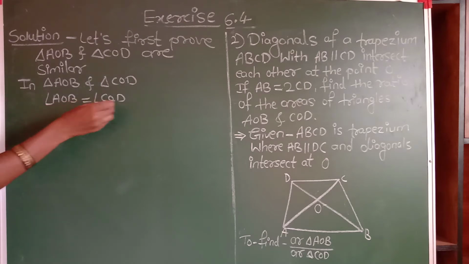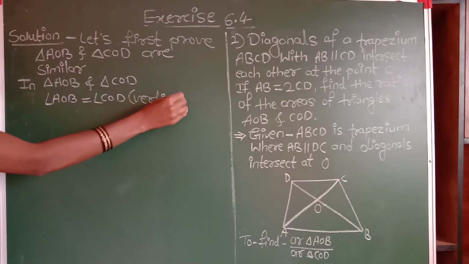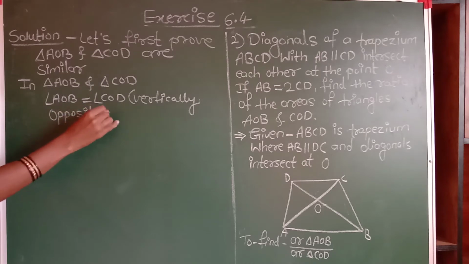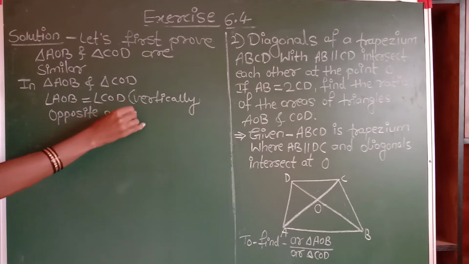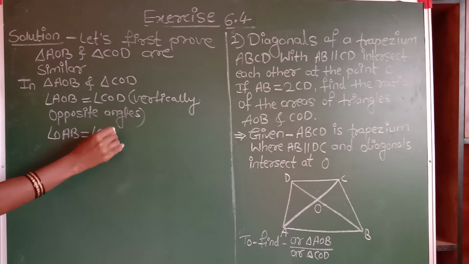Vertically opposite angles. Angle OAB is equal to angle OCD. These are transversal alternate angles.